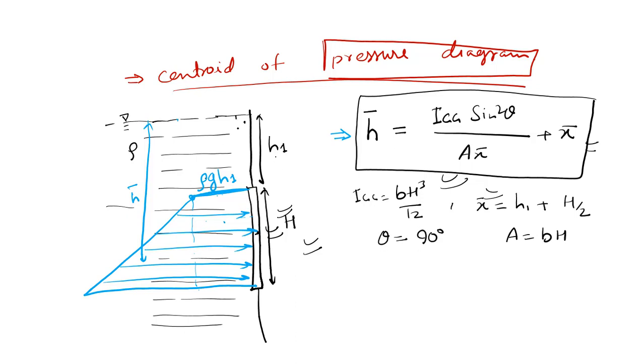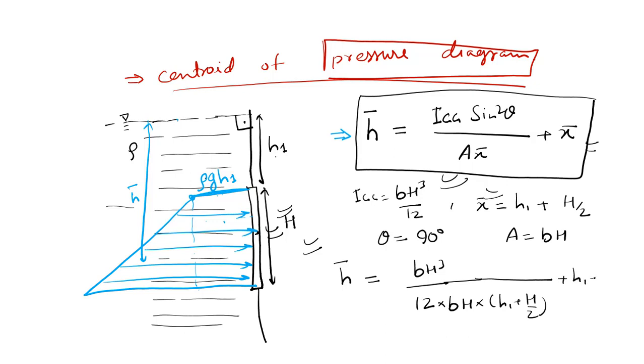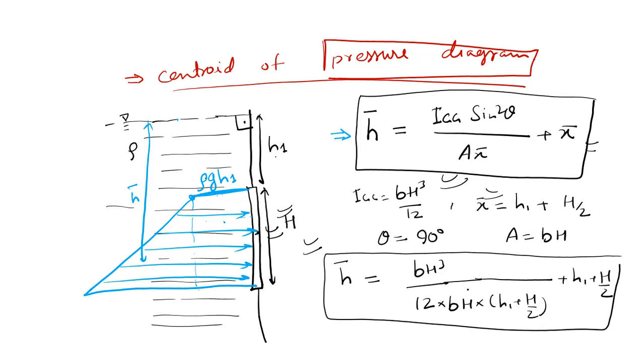So I'll calculate h bar: BH cube upon 12 into BH into x bar, which is H1 plus H by 2, plus H1 plus H by 2. Okay, so this is the answer.